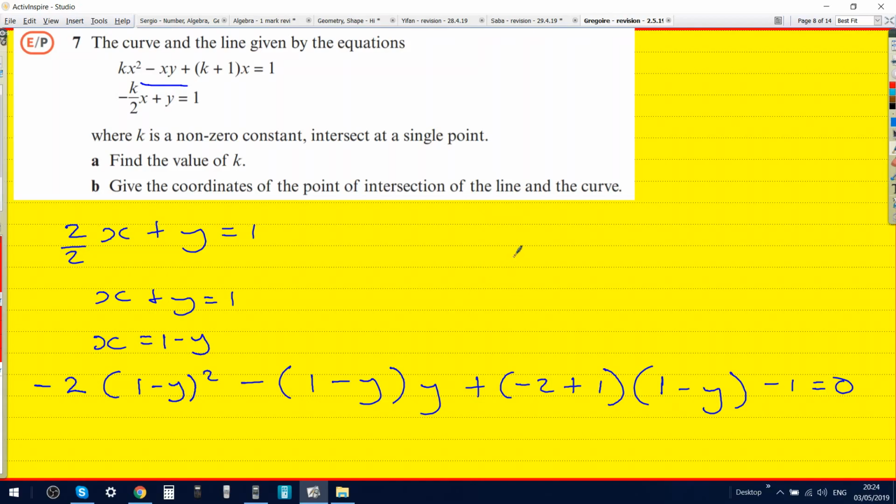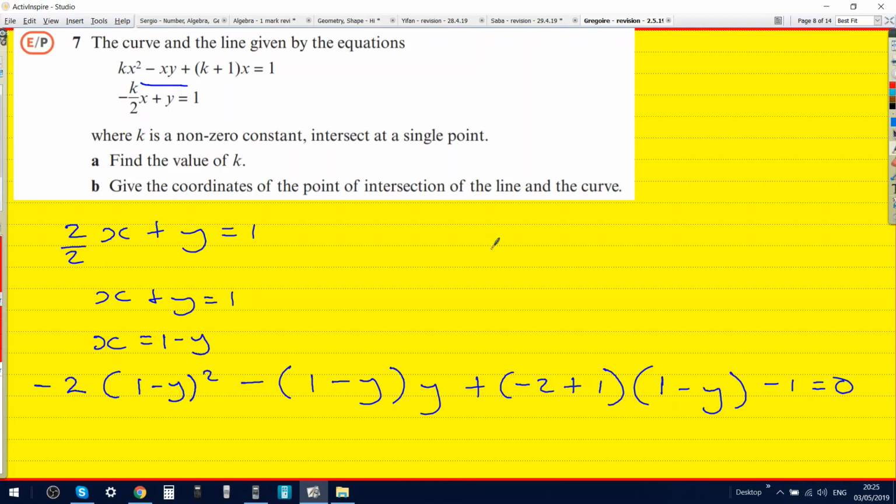For this, do we multiply out the brackets and then find what's left? Yeah. Fully expand everything, fully simplify everything. Okay.